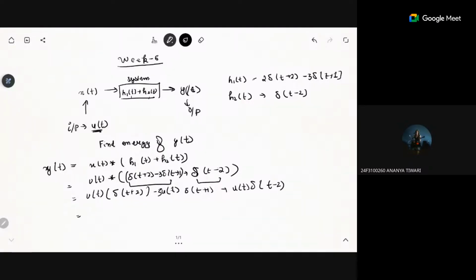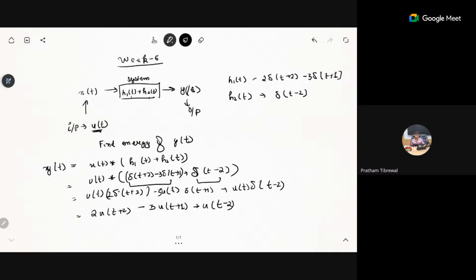Now quickly tell me what will be the answer for this. It would be 2u(t plus 2) minus 3u(t plus 1) plus u(t minus 2). Basically, we replace the delta with u in every term.